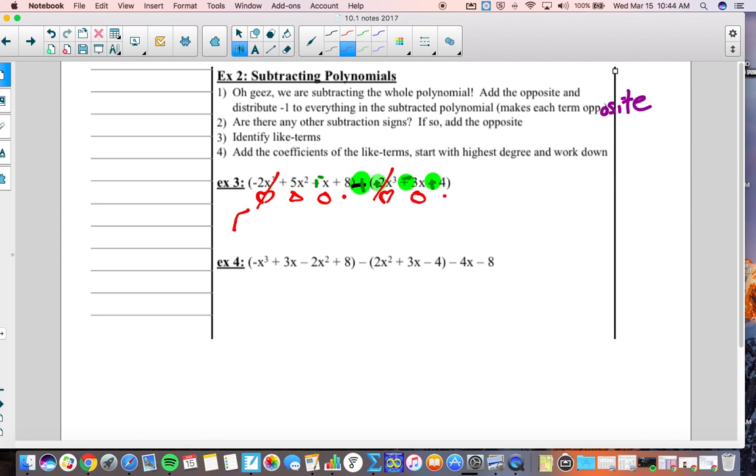There's no other x squared, so we don't add or subtract anything to it, but it is part of our answer. Move on to the x's. We've got negative x plus negative 3x. Now, if you want a number there, that's a negative 1x. So negative 1x and negative 3x is negative 4x. And then we have 8 plus 4, which is 12.